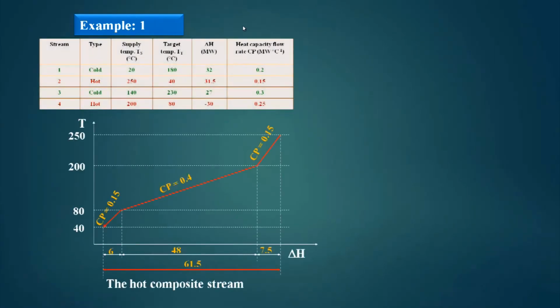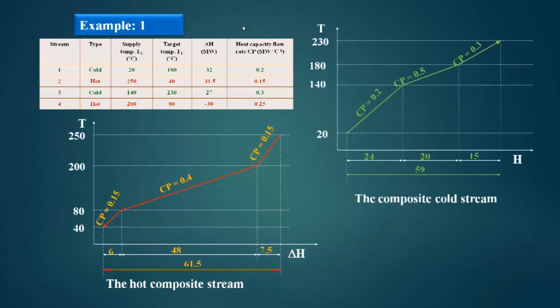So, the first job is to take the hot streams and create a composite hot stream, and we have created that. The composite hot stream moves from 40 degree centigrade to 250 degree centigrade, and similarly we will also create a composite cold stream.